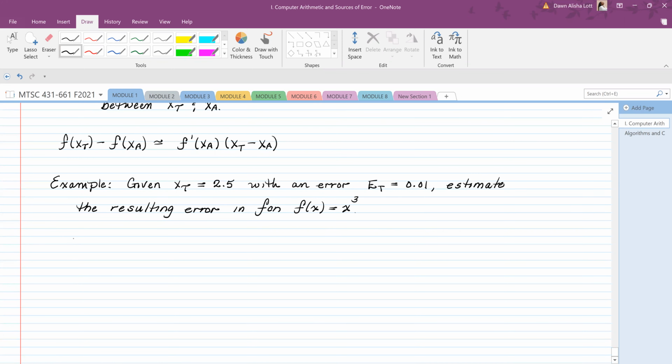Okay, so we get the absolute value of f of x true minus f of x approximate.